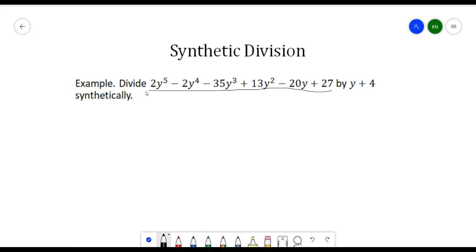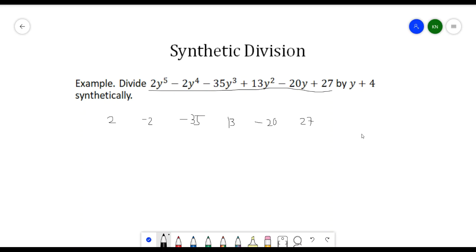So for this case, the coefficients that we have are 2, negative 2, negative 35, we also have positive 13, and negative 20. Sorry, we have negative 20 and then we have the positive 27.